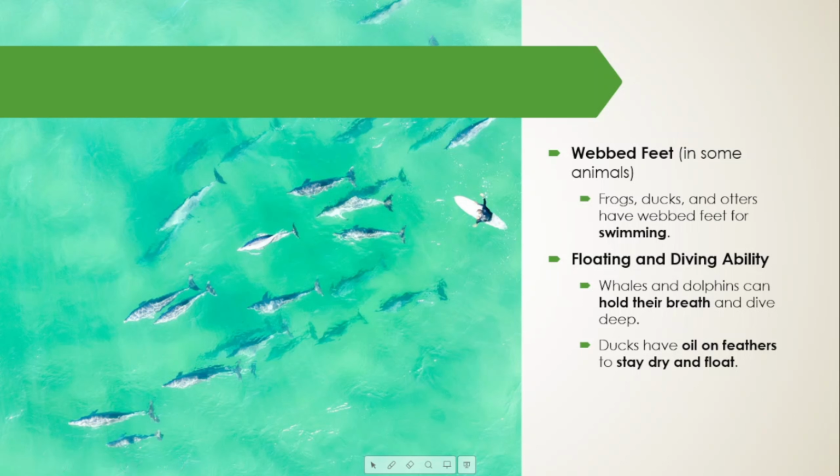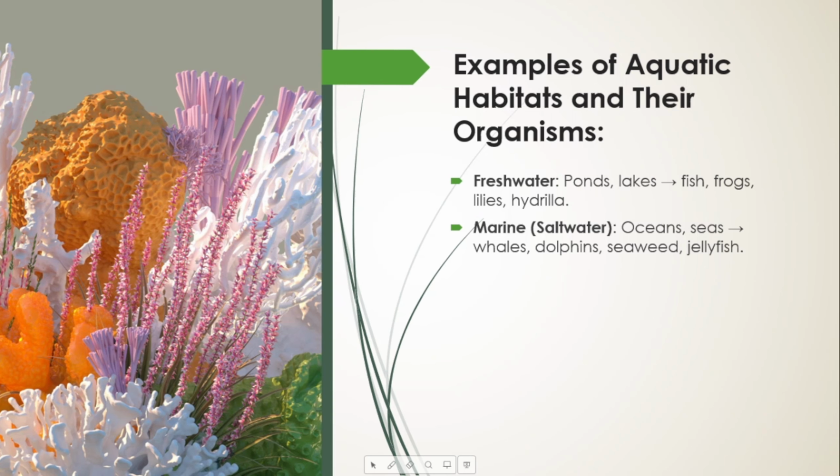And the next adaptation is floating and diving ability. Whales and dolphins can hold their breath and dive deep. Ducks have oil on feathers and stay dry and floating. So these are the various adaptations that the animals in water have.